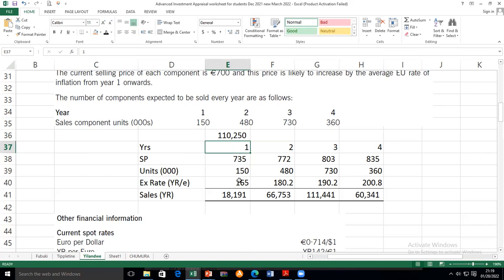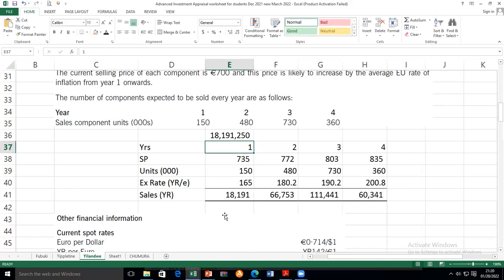Then you multiply by that again. Now this becomes a big figure: 18,191,000. Now this figure is too big. Maybe when the question was paper-based, this was cumbersome, but even with a spreadsheet, it's a very big figure.